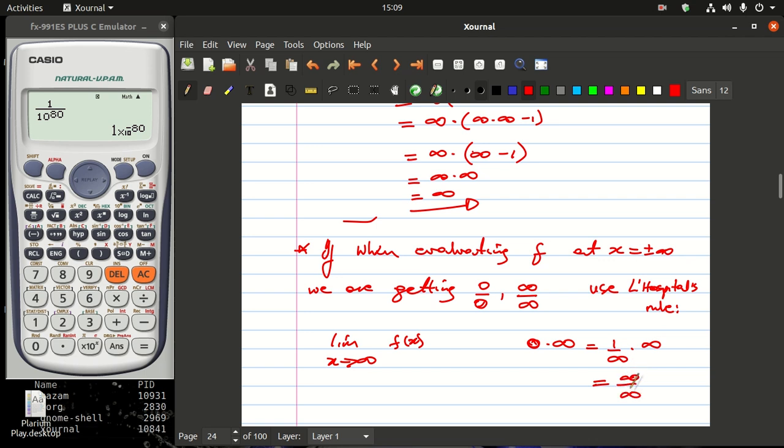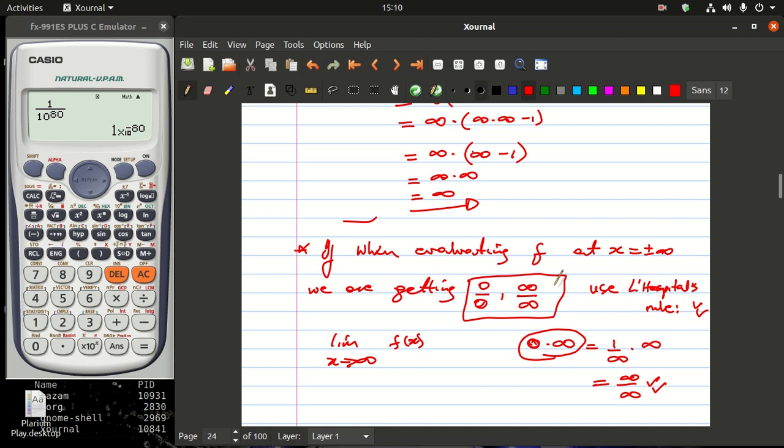In this case, you have to manipulate your function so that you end up having infinity over infinity, so that you can use L'Hopital's rule. That is important. Manipulate your indeterminate form so that we can use L'Hopital's rule.